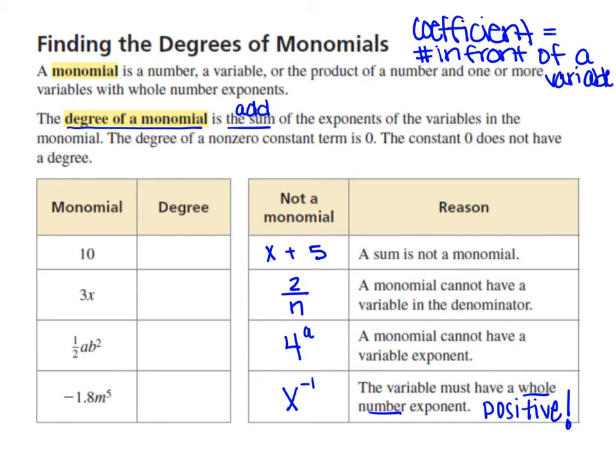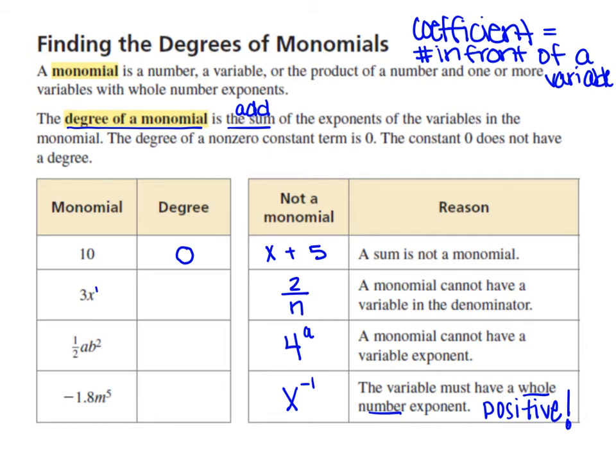So, what is the degree of each of our monomials? Well, if there are no variables at all, that means the degree is 0. If I have a monomial that's 3x, we've talked in the past, there's an invisible 1 as an exponent there.